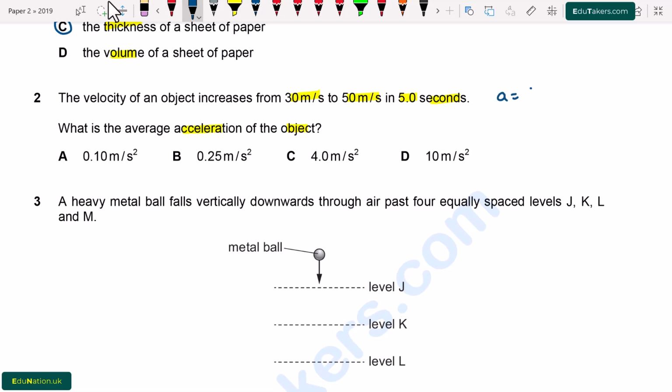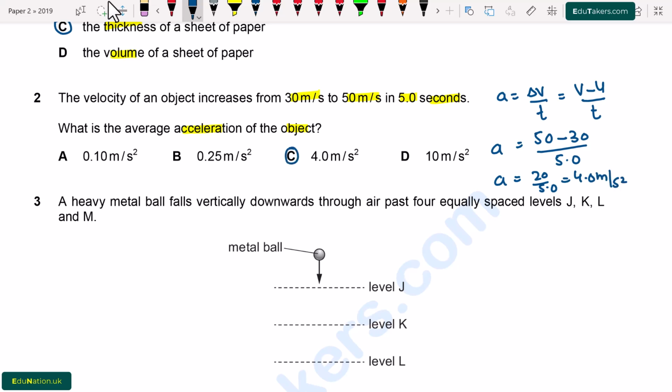We know that acceleration is equal to delta V over T, and it is V minus U over T. Final velocity is 50 minus initial velocity 30, divided by time 5.0. So the value of acceleration will be equal to 20 over 5.0, which is equal to 4.0 meter per second square. So from here option C is correct.